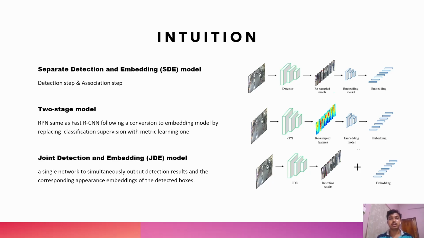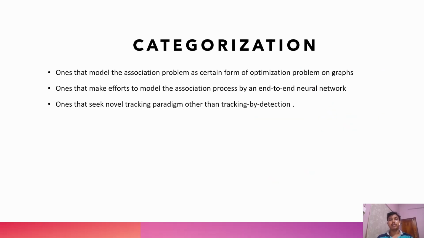So to beat these models on performance and speed, we have proposed a joint detection and embedding model, a one-stop single deep network framework to simultaneously output detection results and the corresponding appearance embeddings of the detected boxes.